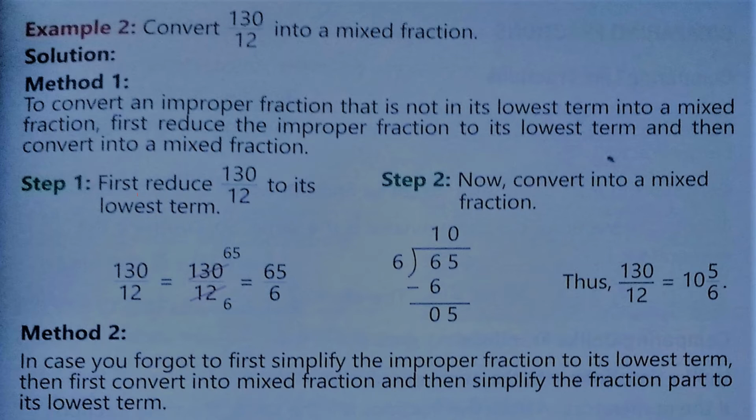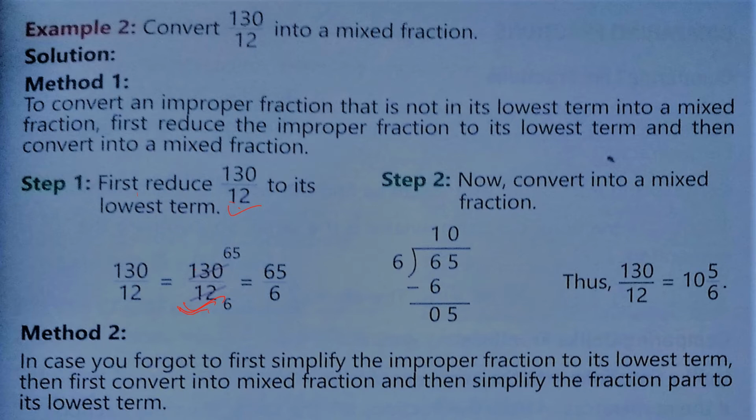As you can see here, 130 by 2 is an improper fraction, so we can reduce this. 2 sixes are 12 and 2 65s are 130. Now this is the lowest form, the simplest form of this fraction.